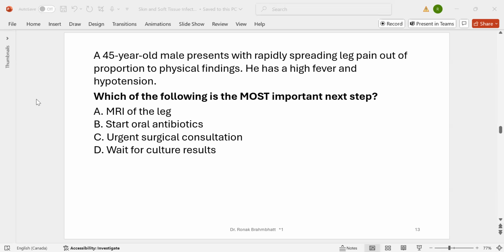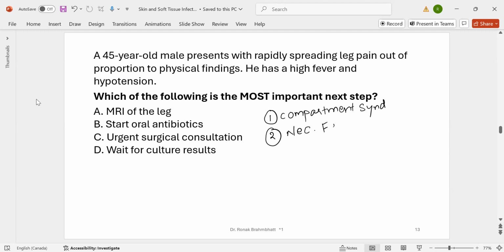Okay. That is one, you guys are thinking compartment syndrome. Any other diagnosis that you guys can think of? Very good. Necrotizing fasciitis, or we can call it neck fash. Okay. Anything else you guys can think of?